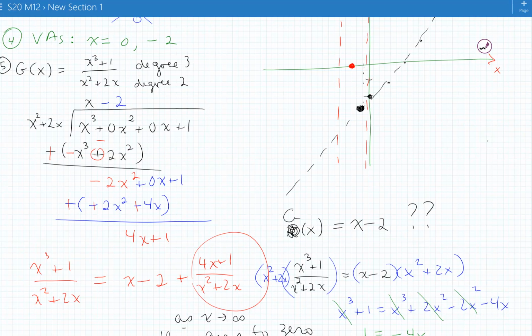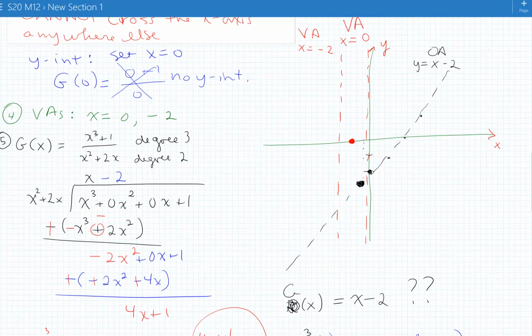Okay, so now we have this grid and it's divided up into vertical strips. If we think about the domain, we have from negative infinity to negative 2, that's one section of the graph. Then from negative 2 to negative 1, that's another piece.